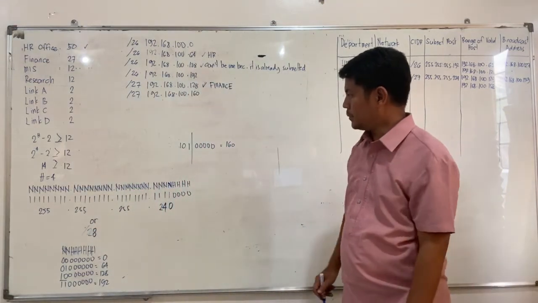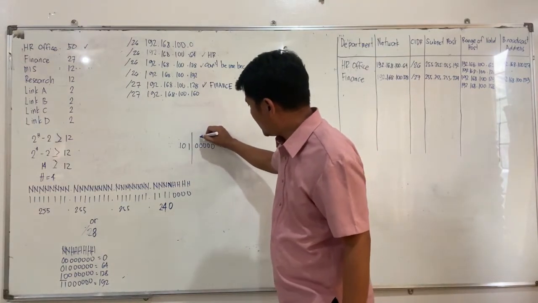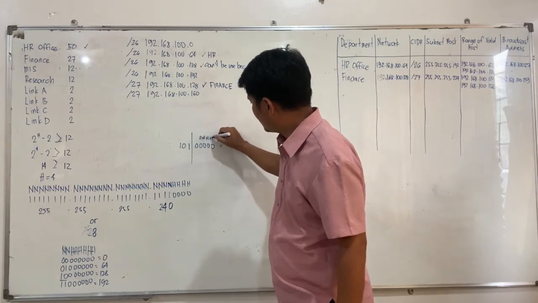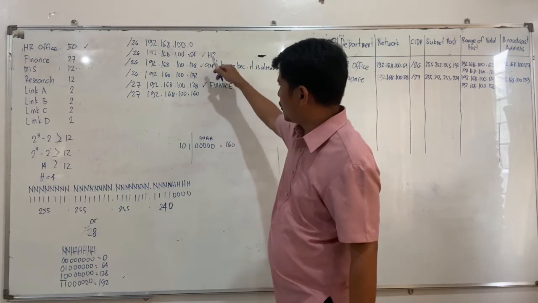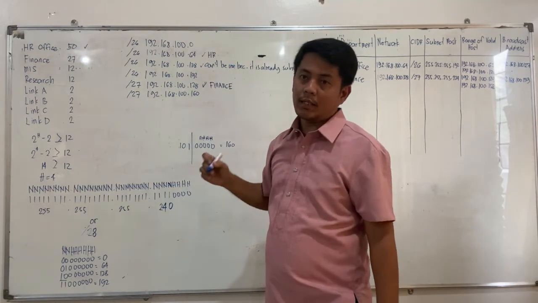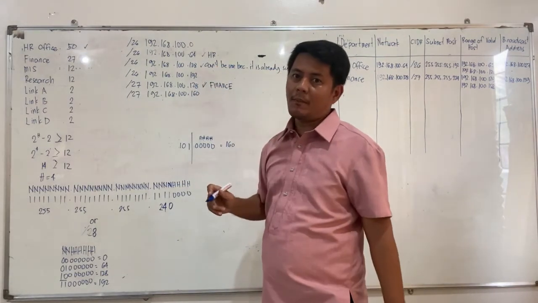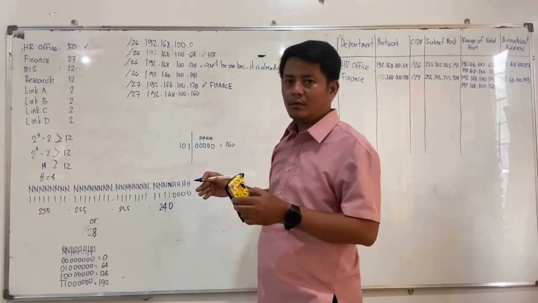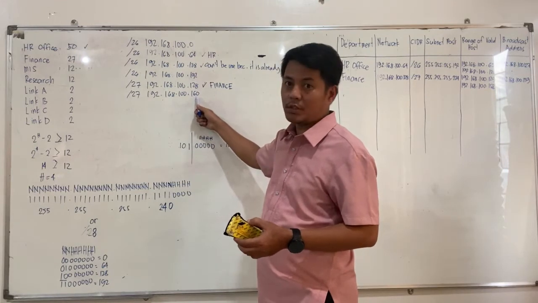Alright? So, since we only need 4 host bits, choose among the remaining available networks. That's .192, that .160. Okay, since we only need less number of hosts, we can use this one.